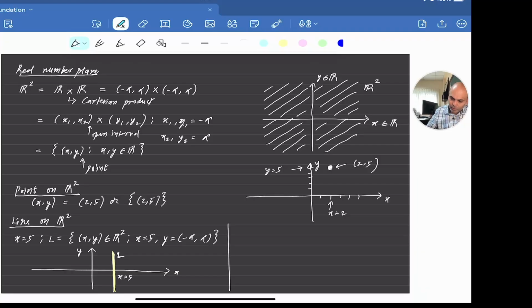We can do one more example. Another example, L equals the points (x, y) in R2 such that x plus y is fixed.